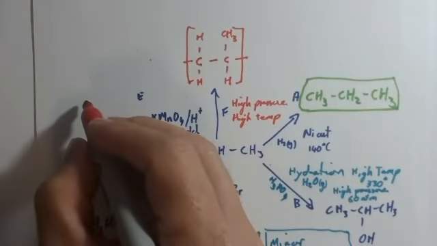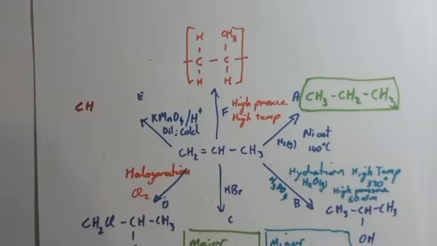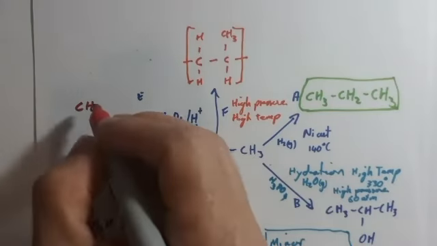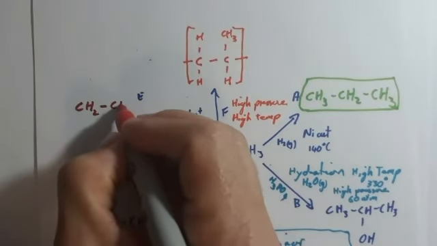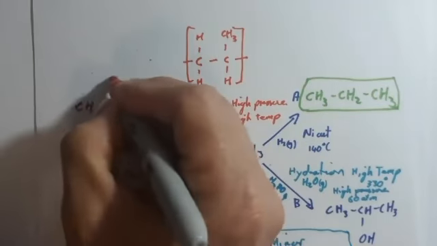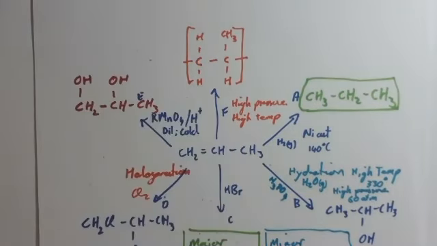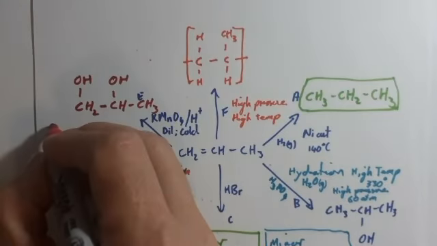So CH2, CH, and CH3, but we add an OH, so it would be a 1, 2, and I think they ask us to name it as well, isn't it? Write down the formula. Name and, all right, so let's do the name.